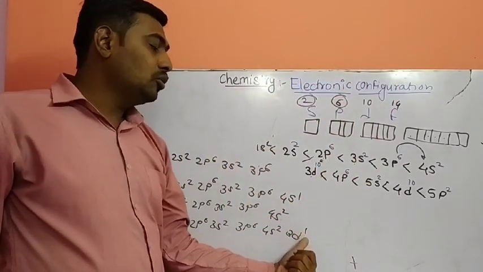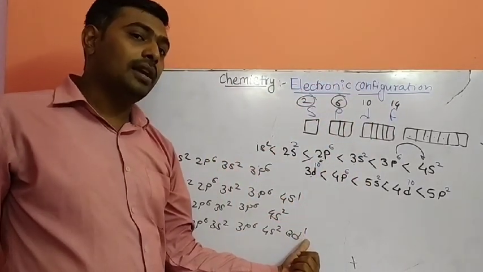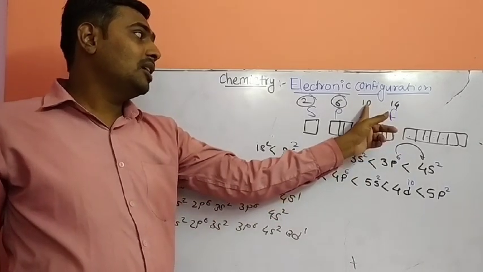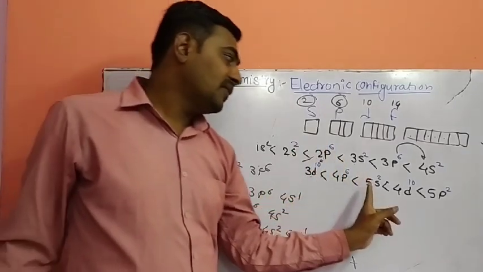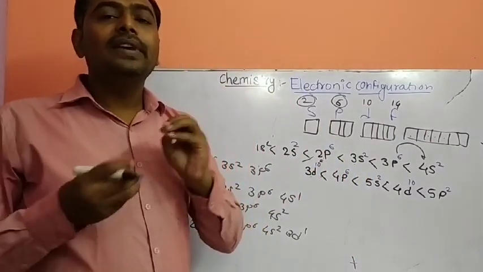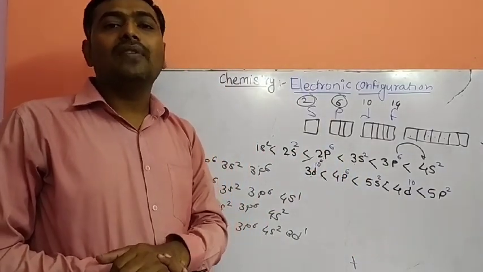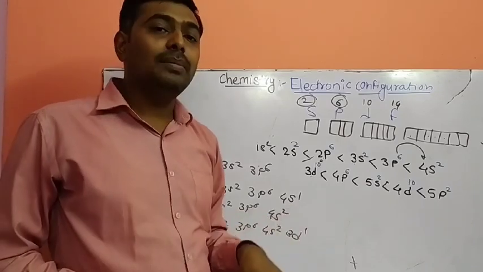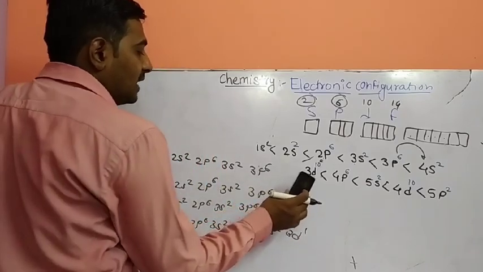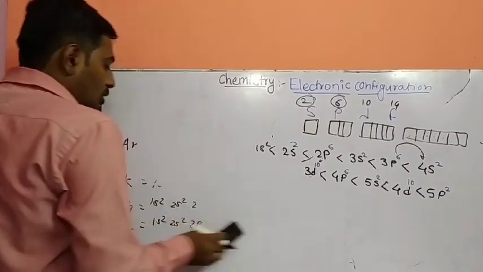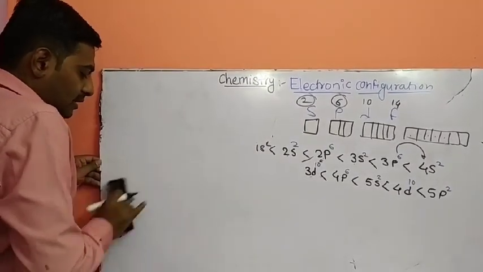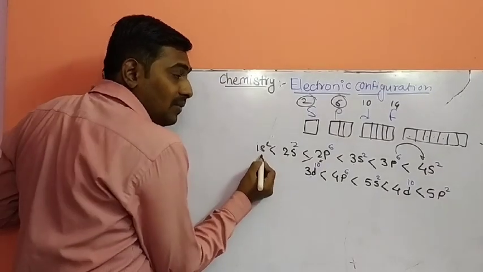Next 3d2, next 3d5, and so on, up to 10, because the d orbital has 10 electron capacity. After that, the next electron enters in 4p, then 5p. In this way, we can write the electronic configuration of an element. So electronic configuration is based on which rule? The Aufbau rule. What is the Aufbau rule? In an electronic configuration, the lower orbital fills first.